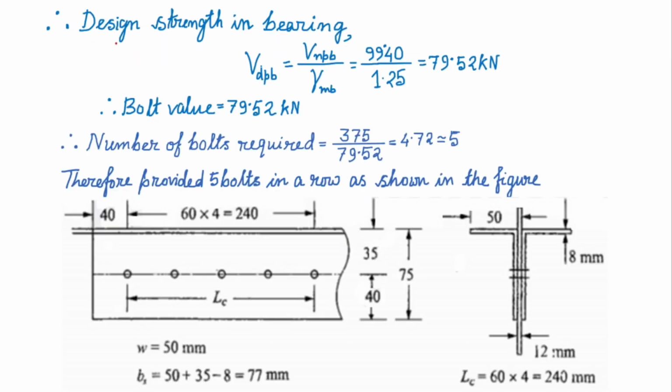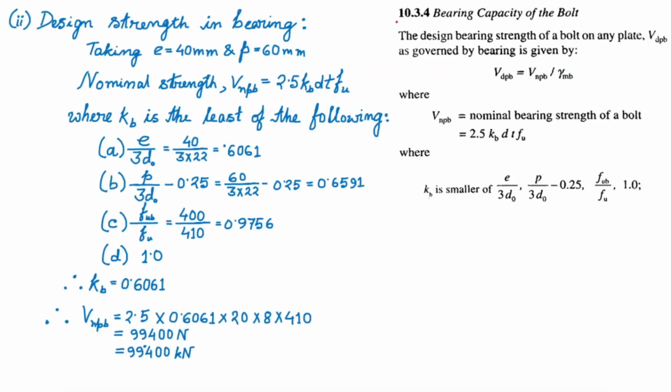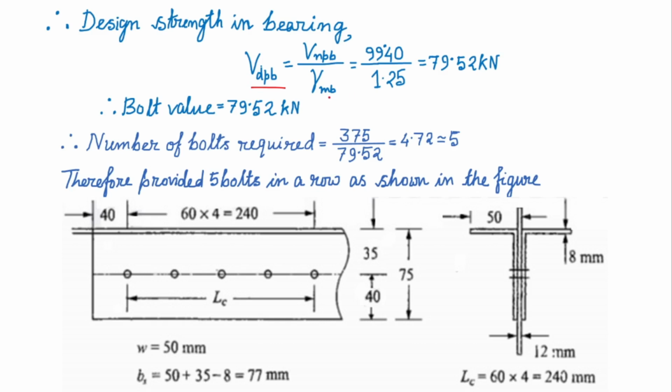Therefore design strength in bearing will be VDPB equal VNPB by gamma MB. So it is given in 10.3.4 of IS 800. So this is the expression. So design strength is calculated as 79.52. The value of gamma MB is 1.25 and it is taken from the same table number 5.